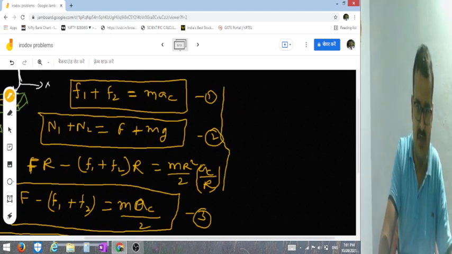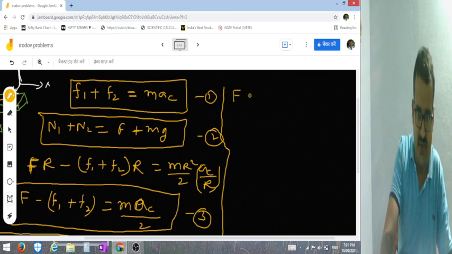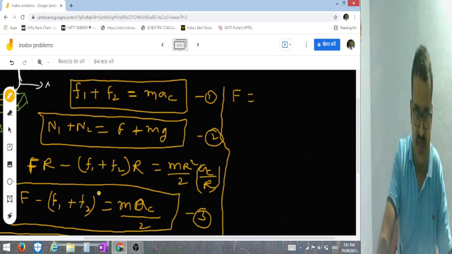If I put the value, I can get this force F is equal to F1 plus F2, and here (F1 plus F2) divided by 2. So this will be simple mathematics, that is equal to 3 by 2 (F1 plus F2).